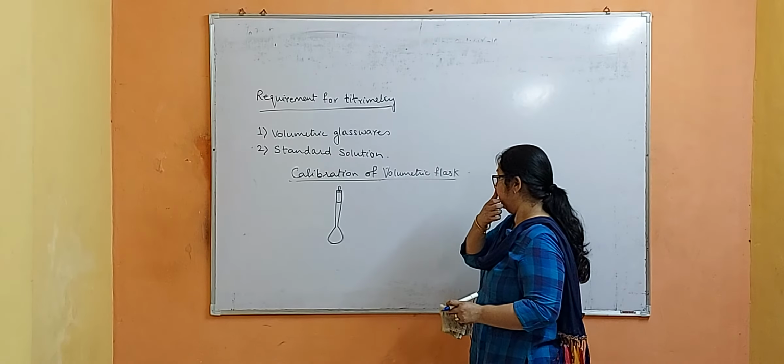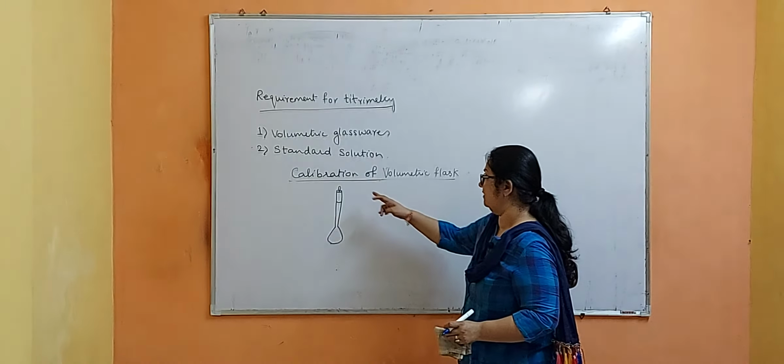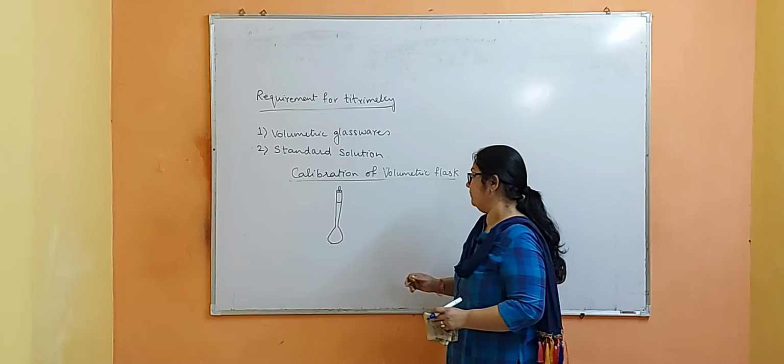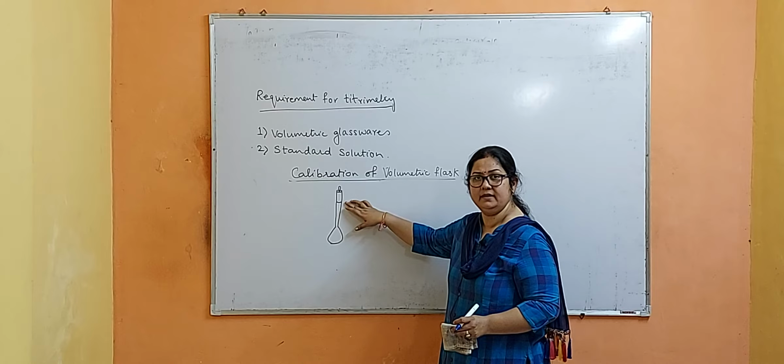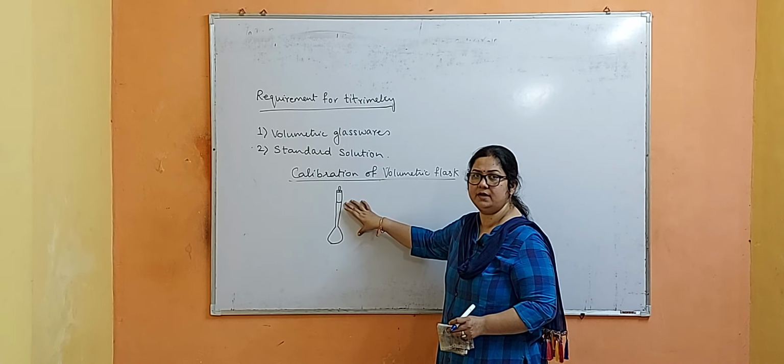So this is the volumetric flask which is provided with a stopper, and it has an etched mark. You have to fill your liquid till here so that you know a definite volume.